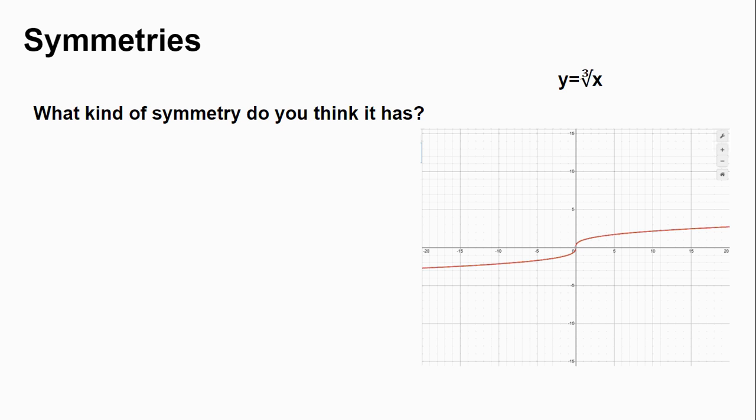What kind of symmetry do you think it has? Origin? Yeah. That's origin symmetry usually.